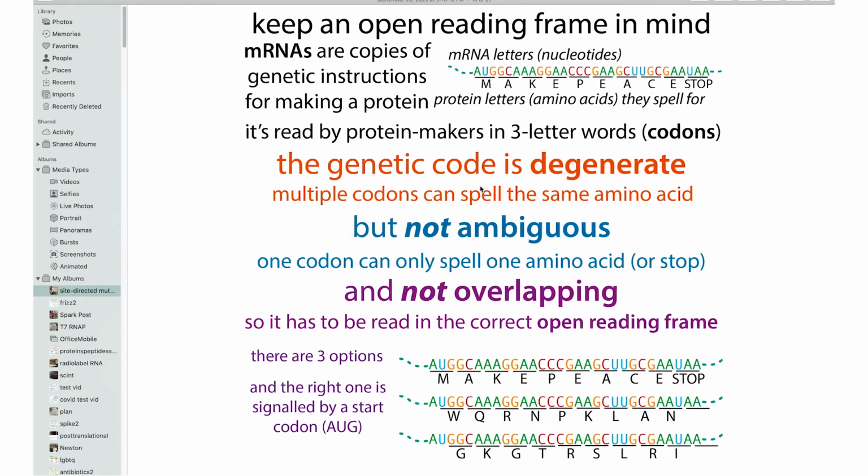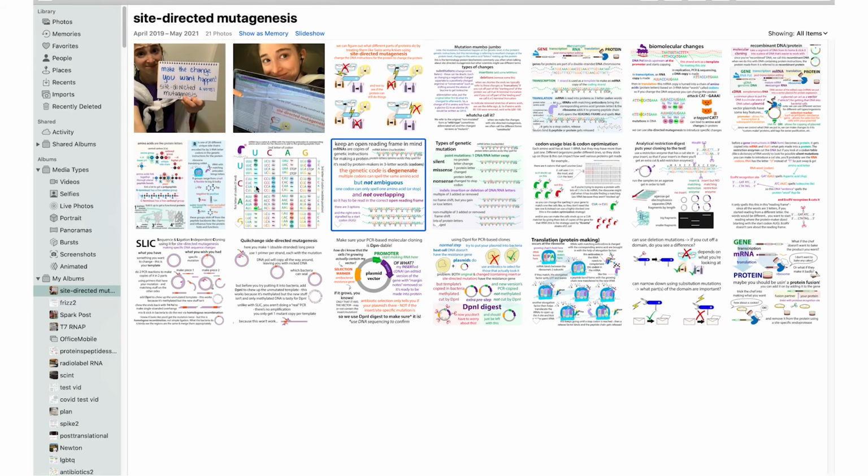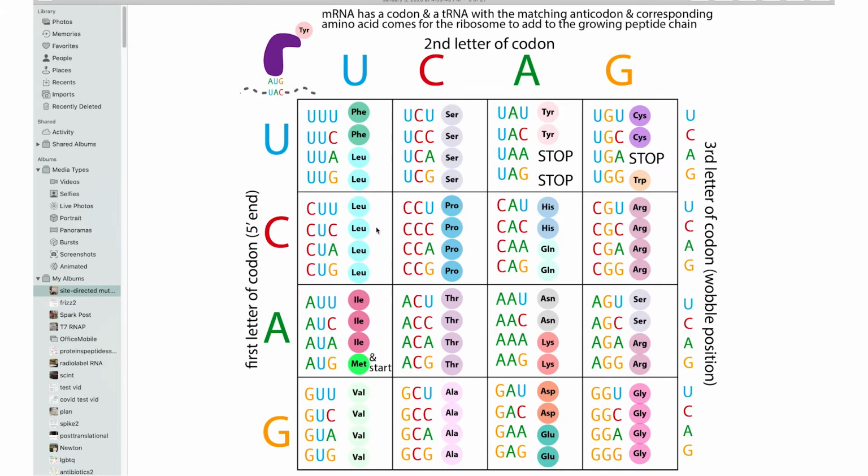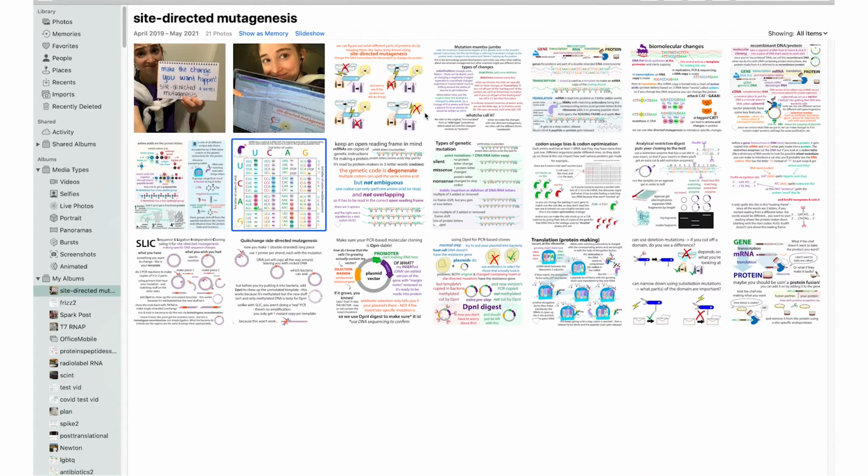So a codon will only ever spell a single amino acid or stop. You can look at a codon table to see the different three-letter combinations. You can see the degeneracy where you have all of these spelling serine, but this will always spell serine.